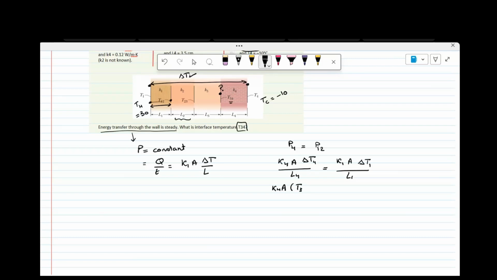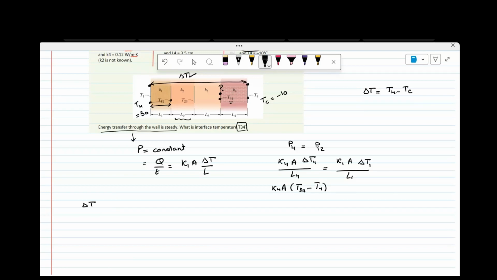Of course, when we write delta T, remember, delta T is equal to T hot minus T cold, or whatever temperature is higher between the two temperatures that we have across a certain layer of interest. So for delta T4, which is across layer 4, I have T34 here and T4 here. But I know that T4 is T cold. So I will write here T34 first minus T4.